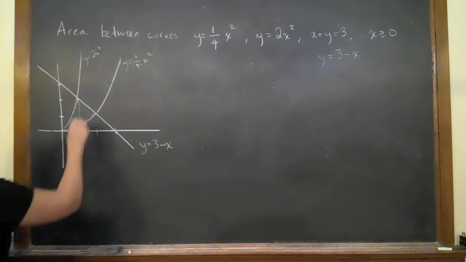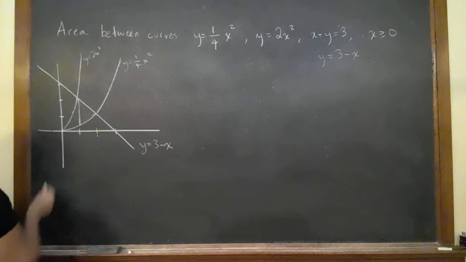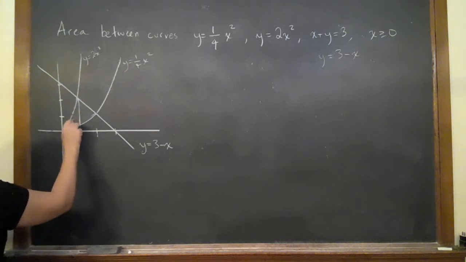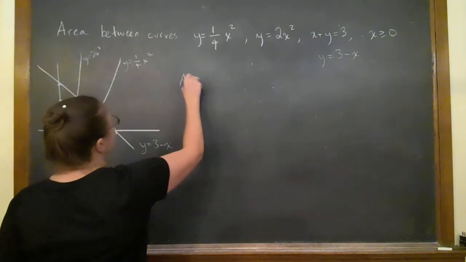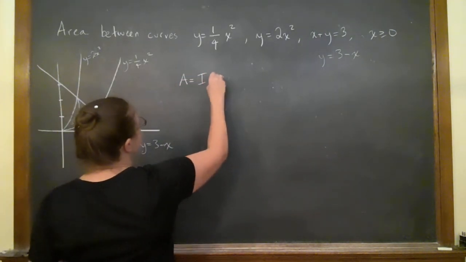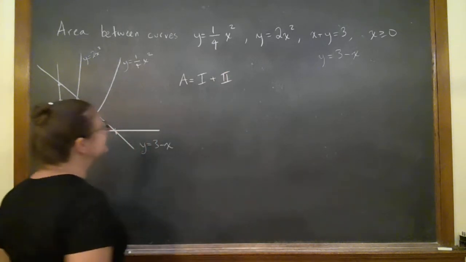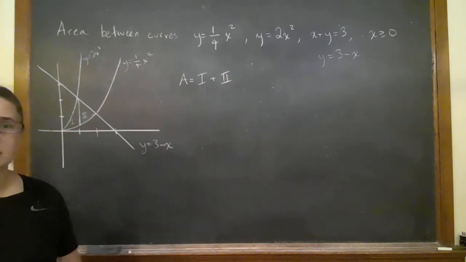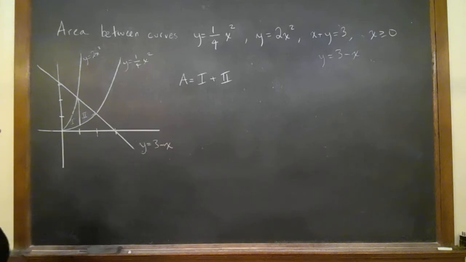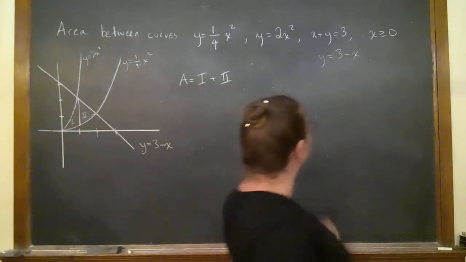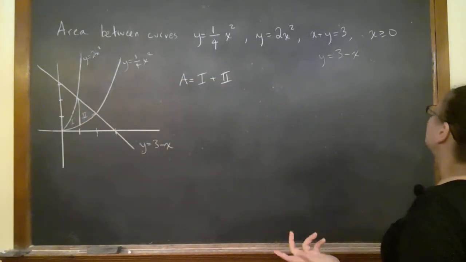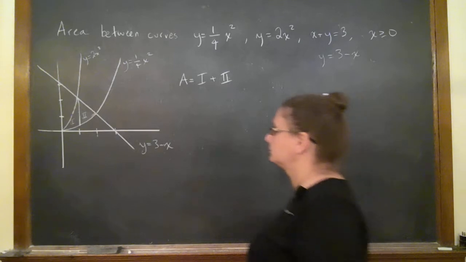Okay, so doing it with respect to x, I've got one region here and the second region here. And I need to figure out what all these points are. So I got to do more work here than in the previous examples because I have 3 different curves and I have to figure out what's going on.